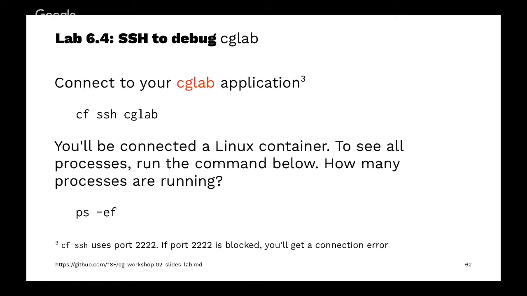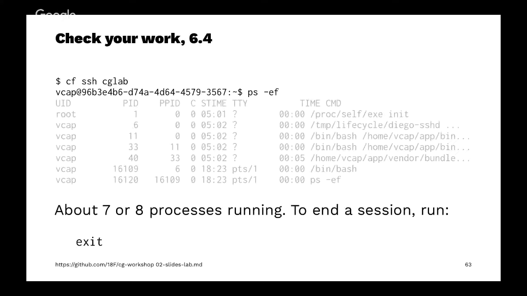Any changes you make will be wiped away the next time your app instance gets rotated, which probably happens at least once a week because we are continually doing maintenance on the underlying platform, so that particular instance will go away, even though your application is still running. To disconnect from your SSH session, you'll need the exit command. Otherwise, you'll be wondering why your commands aren't working, and that's because you're connected to a remote computer, not to the workstation you expect to be.